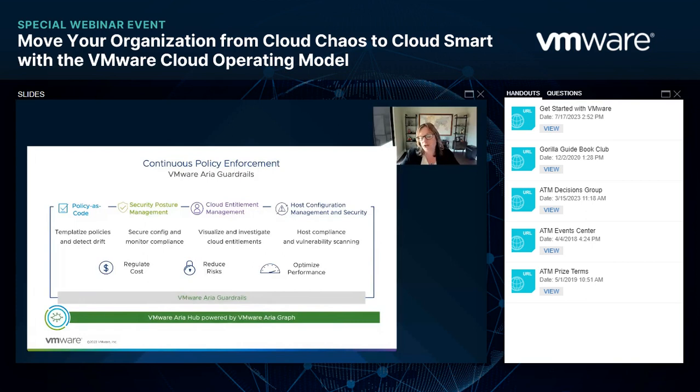Really, our cloud security posture management solution that's been available for a couple of years and is really helping our customers to templatize policies and detect drift, to secure their configuration and make sure that the cloud objects stay in compliance with those configurations across the board, and various other things. A very powerful solution that is moving into that hub and graph framework.